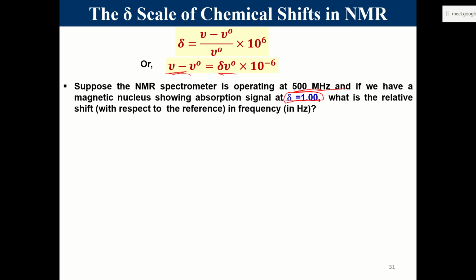In many books you will find that chemical shift is written in ppm, but that is found to be controversial by many, because ppm usually is a concentration term. So in some books they avoid it.